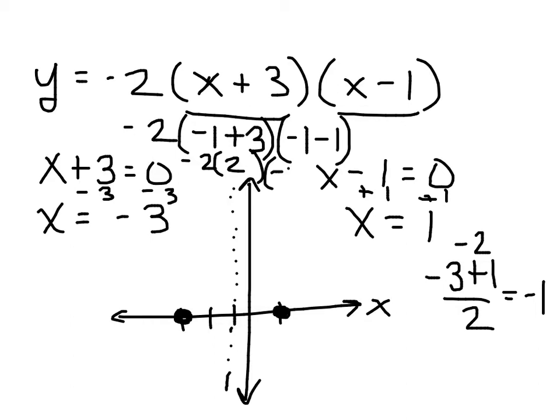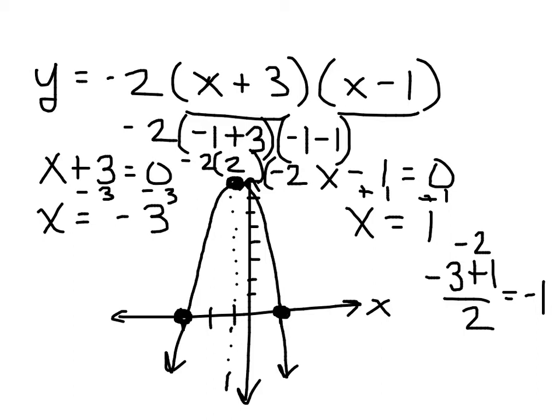Negative 2. And what is negative 2 times positive 2 times negative 2? 8. Two negatives will make it a positive. So up 1, 2, 3, 4, 5, 6, 7, 8. Make a dot. How many dots do you need? 3. You just made a parabola.